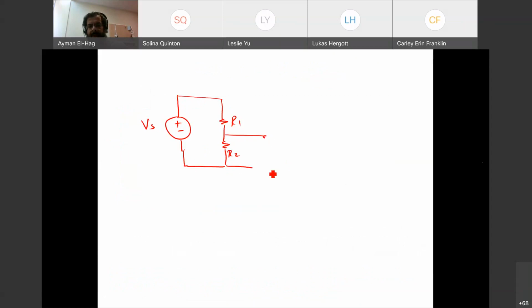And we are measuring this voltage, V. We know this is a voltage divider, so we know that Vout is equal to Vs times R2 over R1 plus R2. Now, this is with the assumption that R1 and R2 are in series. We know that voltage division we can only apply if they are in series. What does it mean in series? It means that this current I and this current are the same.